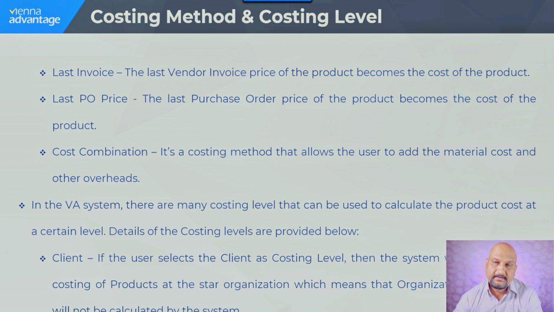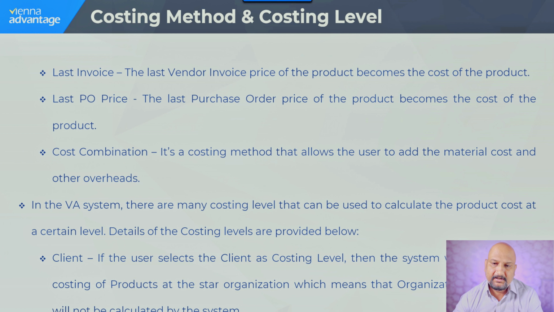So if you want to combine indirect costs like freight, resources, labor charges, or the custom charges with the product or the material cost, then you would be able to combine them, and that is one of the costing methods available that is commonly used if you are in a trading industry or some other industry that does not belong to manufacturing. Okay, so that's the cost combination.